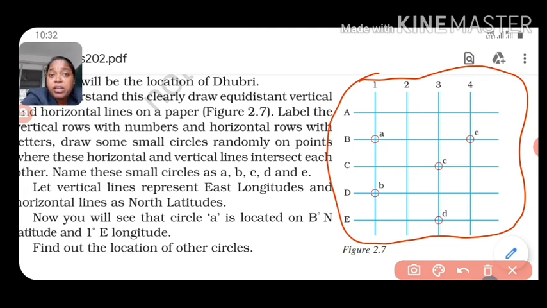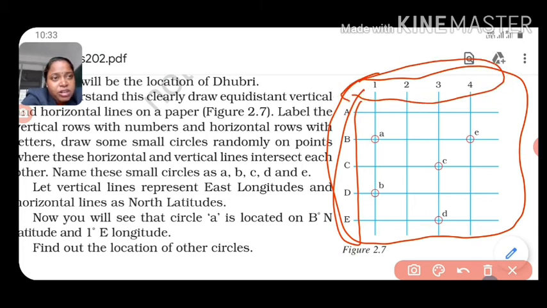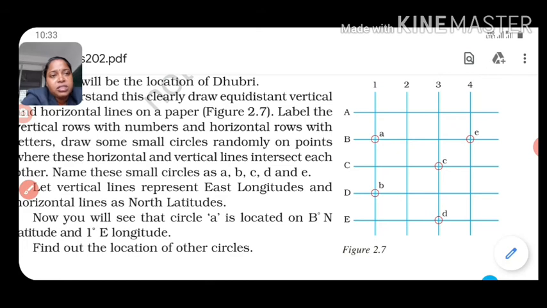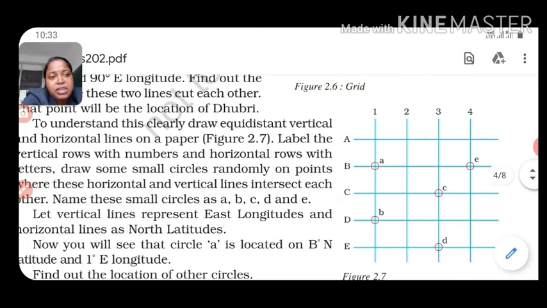And how will we locate the location? See, suppose A, B, C, D. These are the portions of what? Latitudes. And these, 1, 2, 3, 4, are the portions of what? These are the portions of longitudes. Okay. So students, suppose that A, B, C, D, E are the portions of the latitude and 1, 2, 3, 4 are the portions of the longitude. So how will we locate the location? The intersection of B and 1.